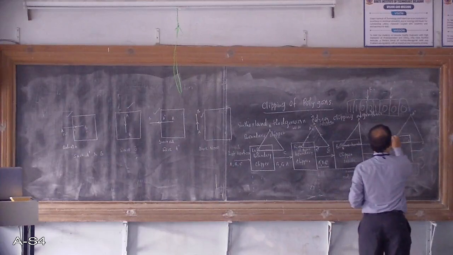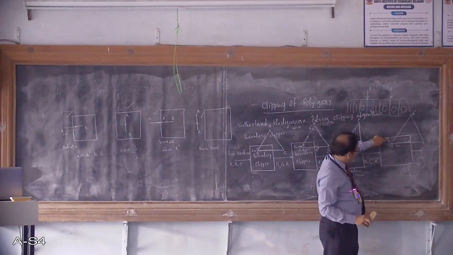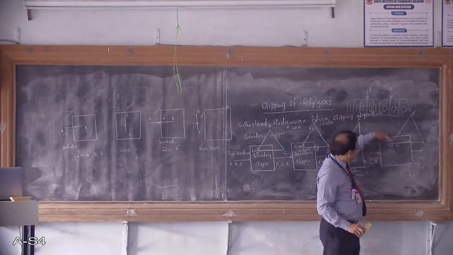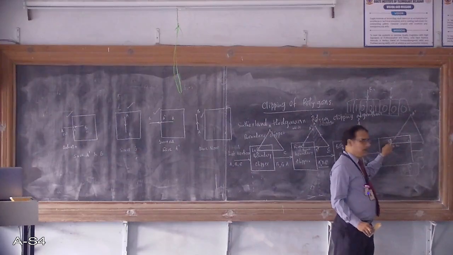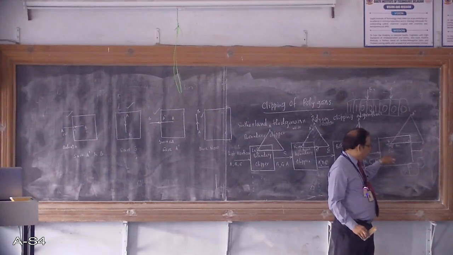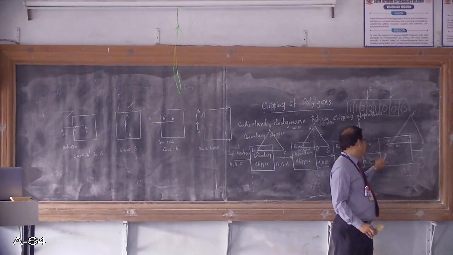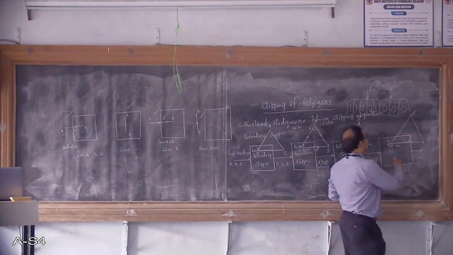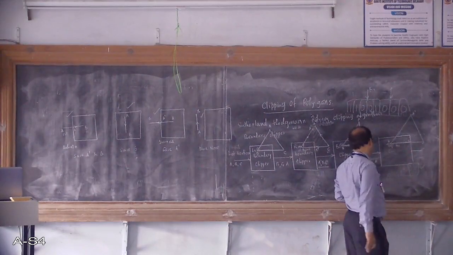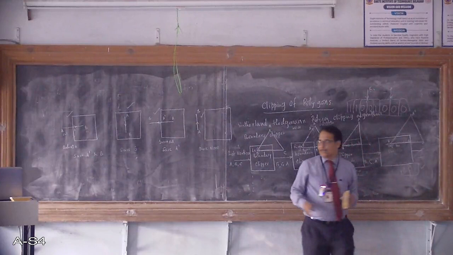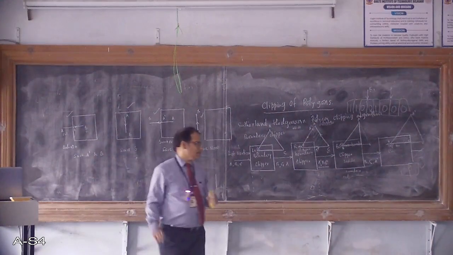This is the top boundary. As far as the top boundary is concerned, any object lying above this boundary is outside the clipping window. Any object lying below the boundary is inside, and hence now we should consider all the three edges of this triangle and investigate whether any of these four cases will apply.